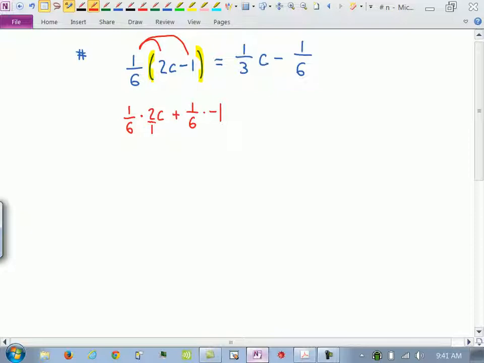But 2 over 6 reduces to be 1/3. Is that all right? So I'm going to put 1/3 c. And you need to reduce those fractions, all right? What is the next one? 1/6 times -1. 1/6, but it's negative, right? Because you're multiplying. So -1/6. Now the other side of the equation I haven't touched.